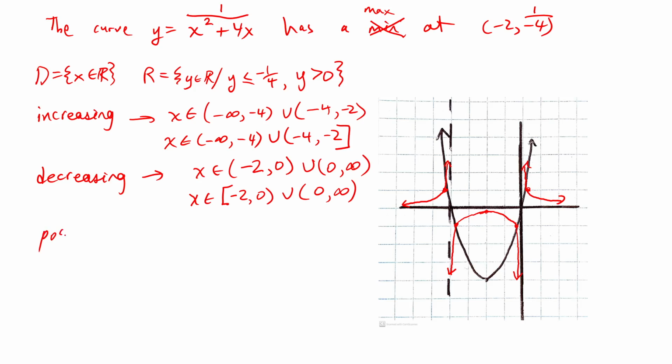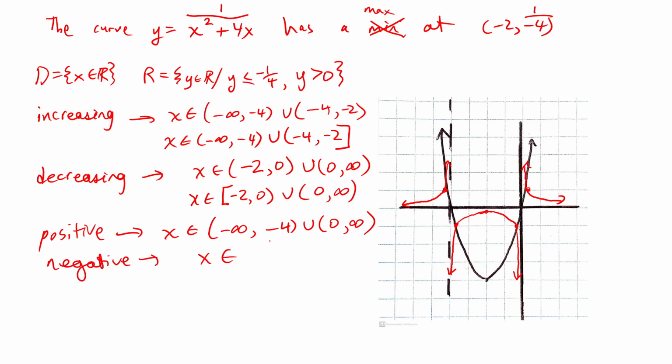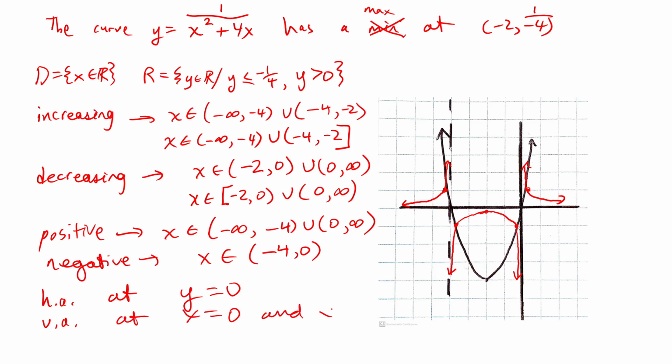Our positive intervals, that means any part of the curve that's above the x-axis, that's when x is in the interval from negative infinity to negative 4 in union with the interval between 0 and infinity. Our negative interval will be when x is an element of the interval from negative 4 to 0. And finally, our horizontal asymptote is at y equals 0, and our vertical asymptotes are at x equals 0 and x equals negative 4.